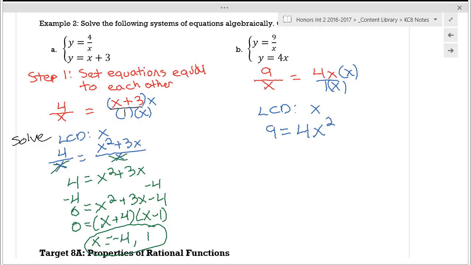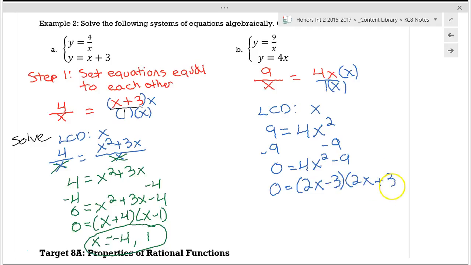All I'm going to do is, again, set it equal to 0. I'm going to subtract 9 from both sides. 0 equals 4x squared minus 9. Again, this is an x squared, meaning I'm factoring. This one is a difference of squares: 4 is a perfect square, 9 is a perfect square. That means I have 2x minus 3, 2x plus 3.